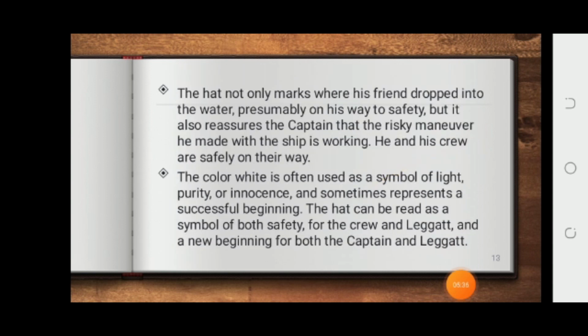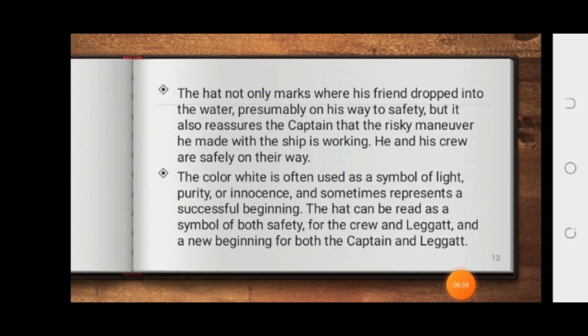So the hat not only marks where his friend dropped into the water, presumably on his way to safety, but it also reassures the captain that the risky maneuver he made with the ship is working, and he and his crew are safely on their way. So basically, the color of that hat is often used as a symbol of light.